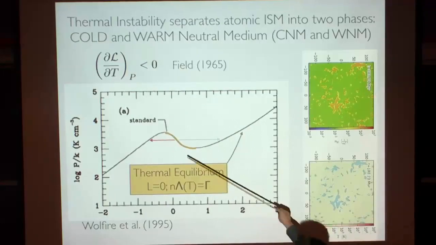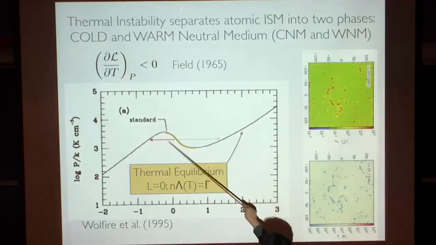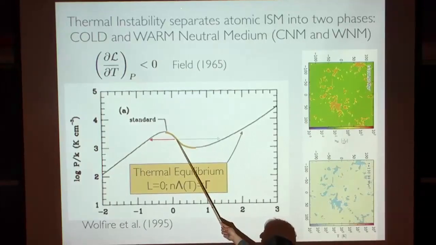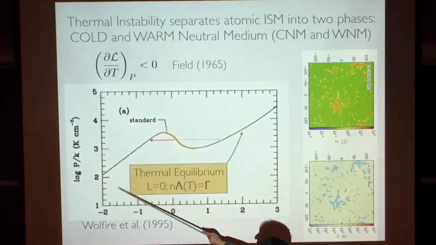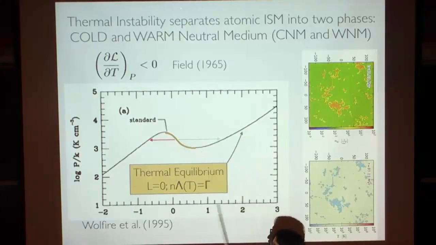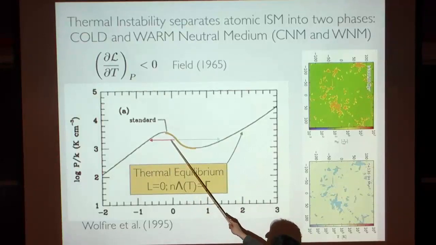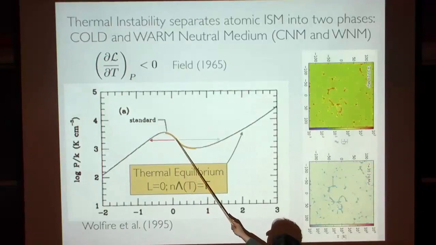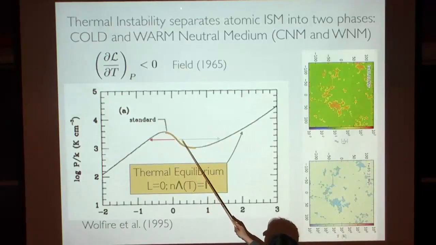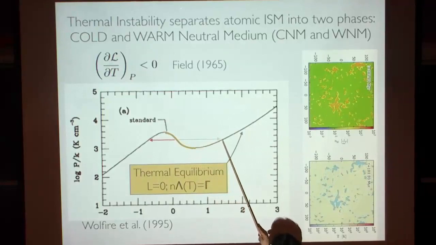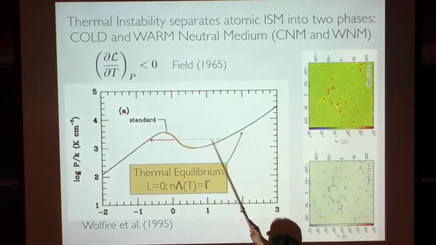For an isobaric perturbation, if you move the equilibrium state to below this curve, the heating is dominant, so that will keep heating your gas to this range, and if you perturb it to the cooling dominated region, it will keep cooling, and then it will be driven to this state.